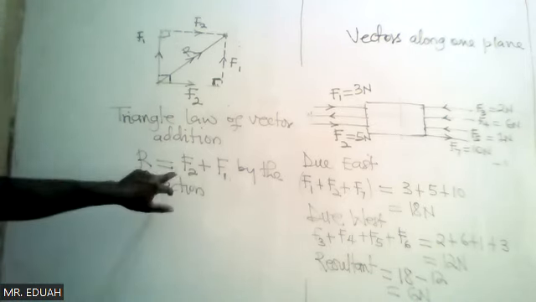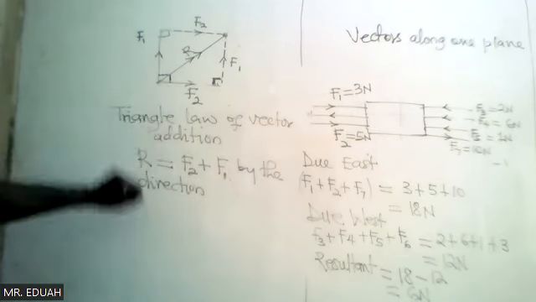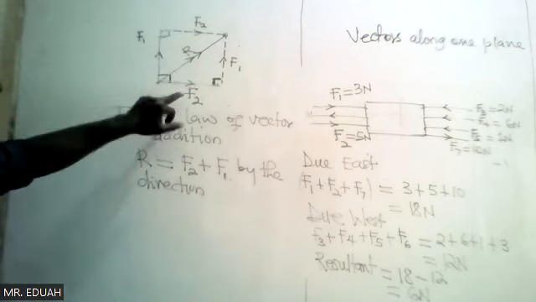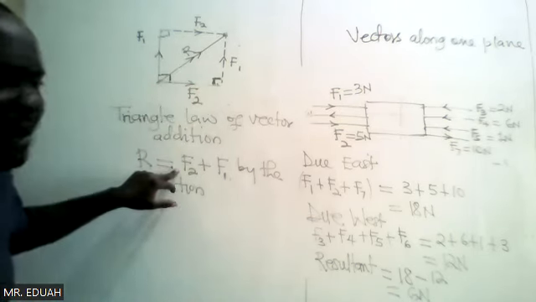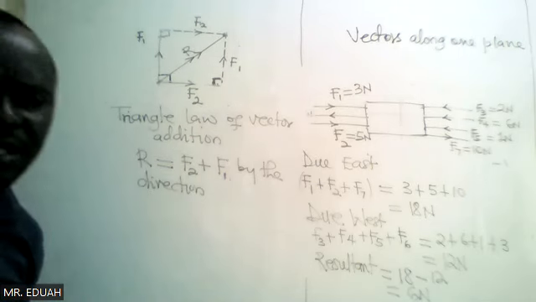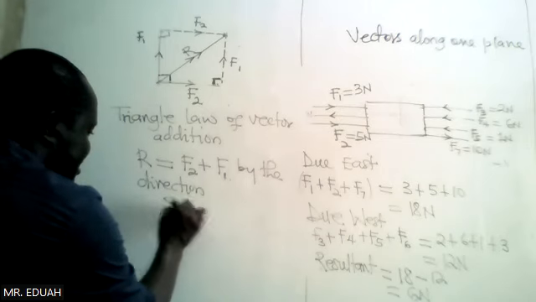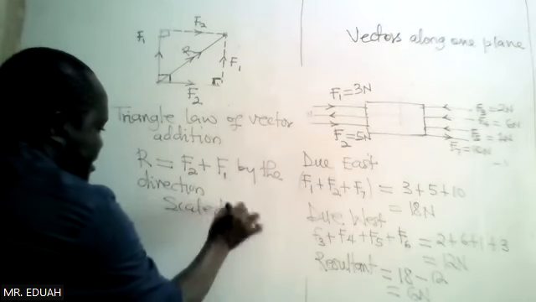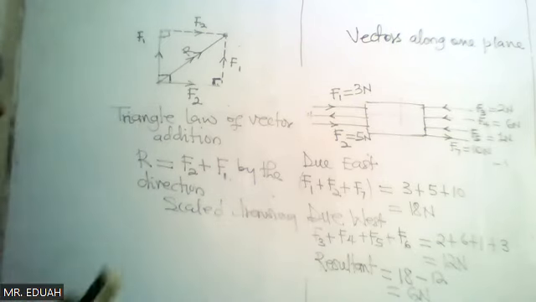Please, the triangle law of vector does not mean that if you are looking for the resultant, you just add this to this. This applies only to scaled drawing. What is a scaled drawing?